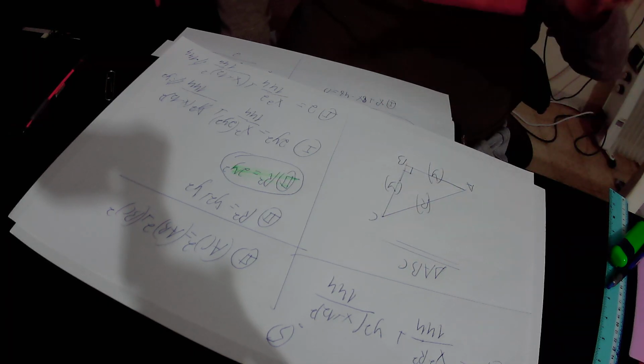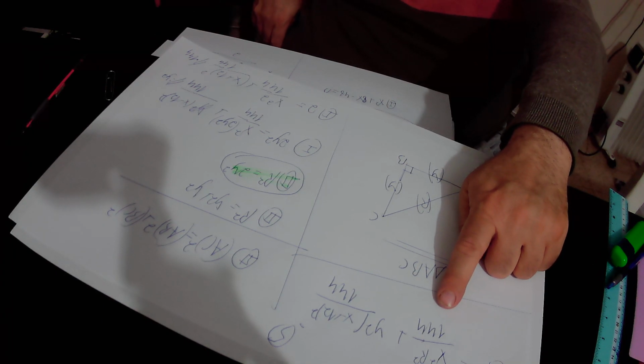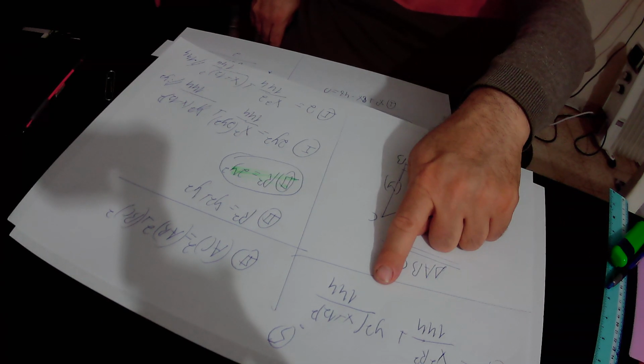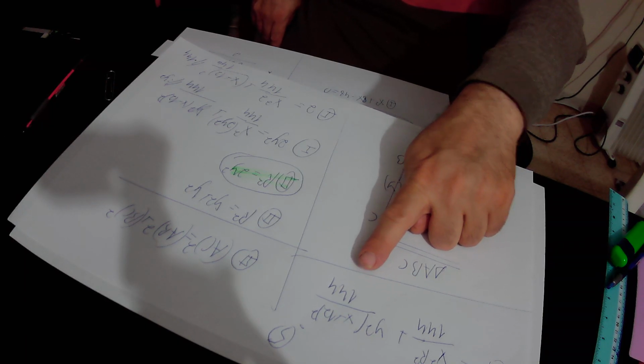So in conclusion, according to equation 1, we found out that r squared equals to x squared times r squared over 144 plus y squared times x plus 12 squared over 144.